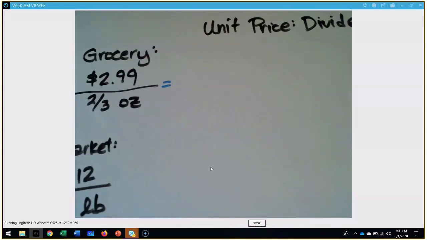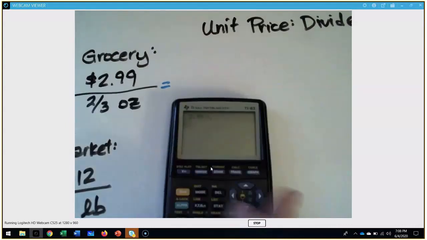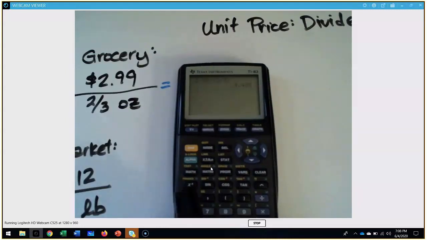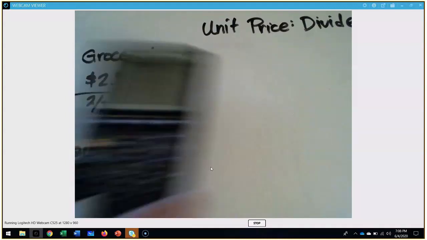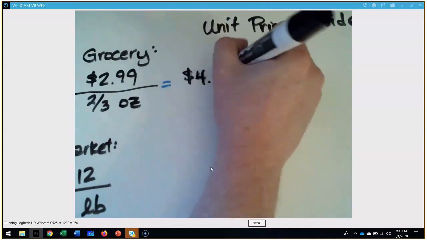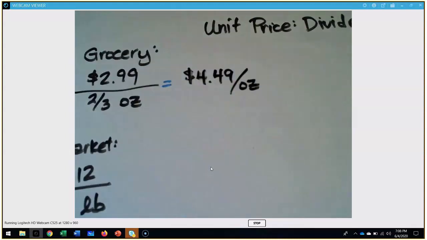So $2.99 divided by, and in my calculator I don't have a fraction key, so I just use my parentheses. If you have that, just plug it in as parentheses. 2 divided by 3, close the parentheses, and that means it's about $4.49 for 1 ounce. $4.49 per ounce.